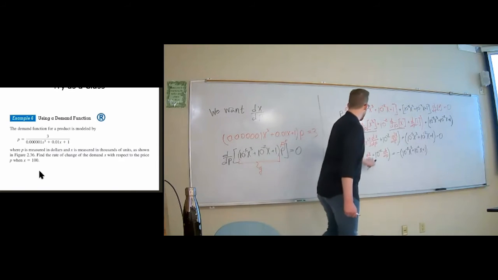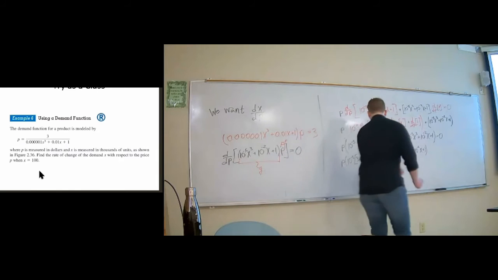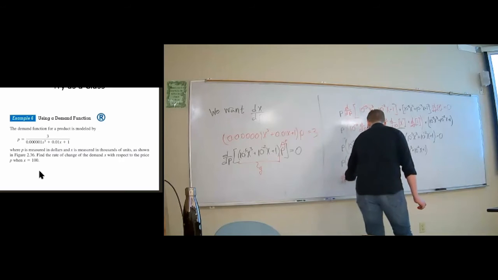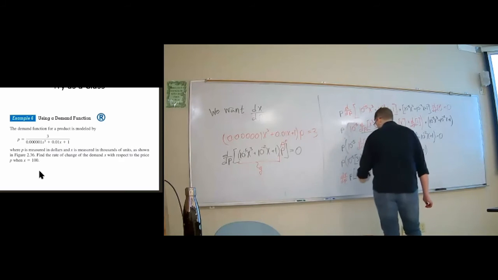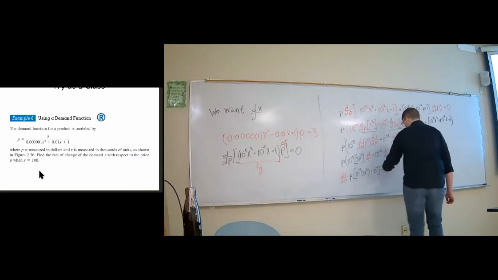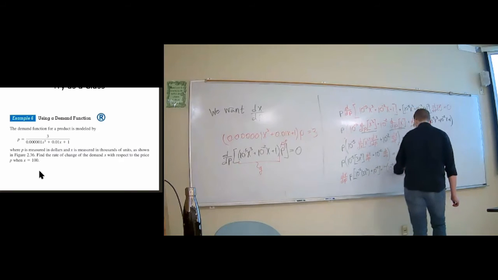Notice now we can factor out dx/dp: dx/dp times p times 10 to the negative fifth times 3x squared plus 10 to the negative second is equal to negative 10 to the negative fifth x cubed plus 10 to the negative second x plus 1.